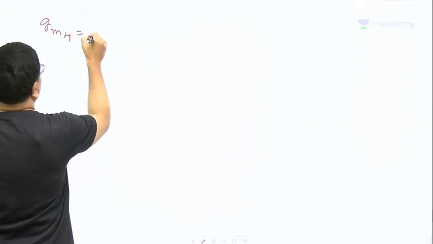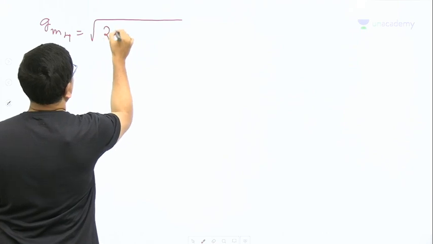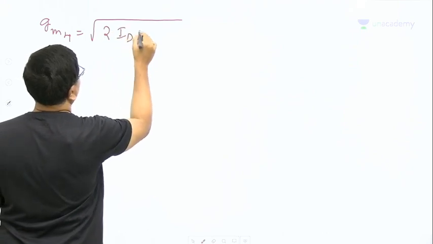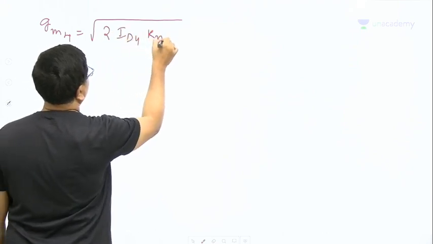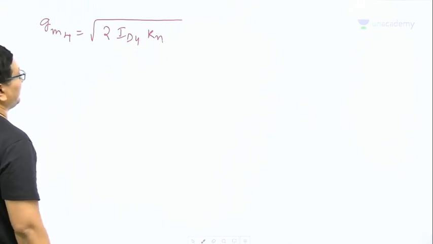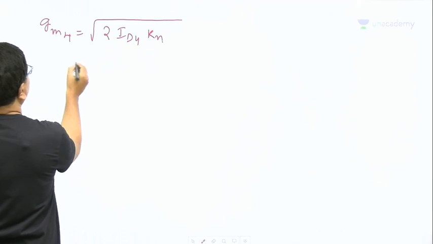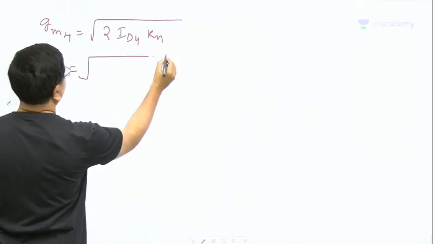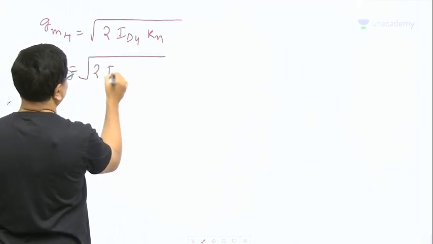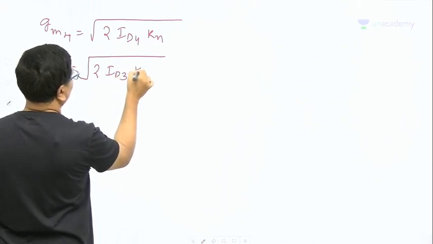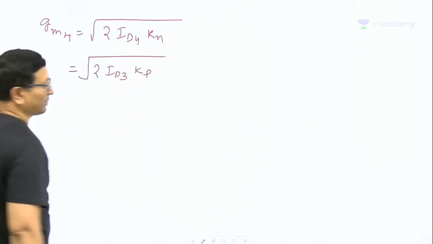So GM is given by square root of 2 into ID4 into Kn. ID is the current of NMOS transistor. It is given by square root of 2 into ID4, and ID3 and ID4 are same, and we observe that Kn is equal to Kp.